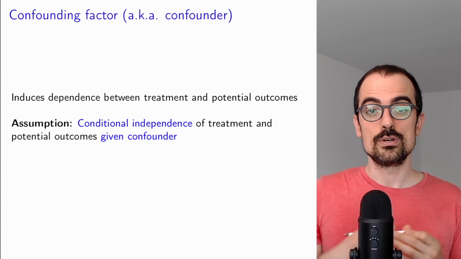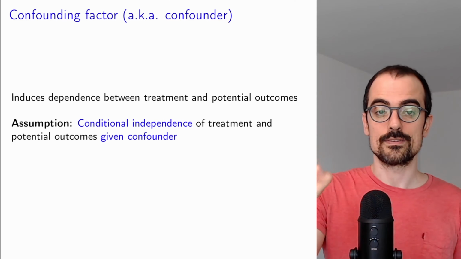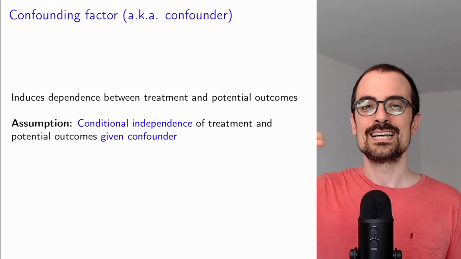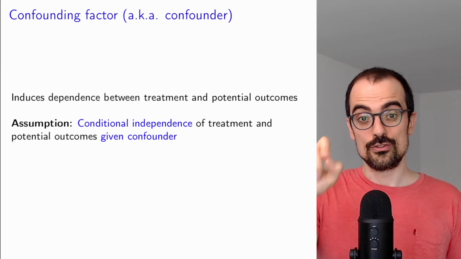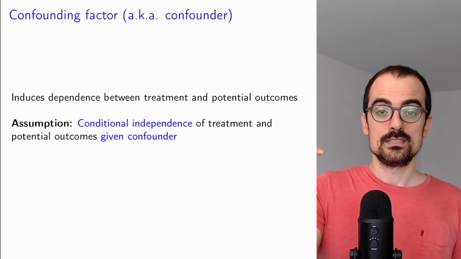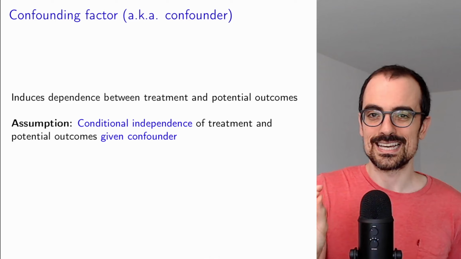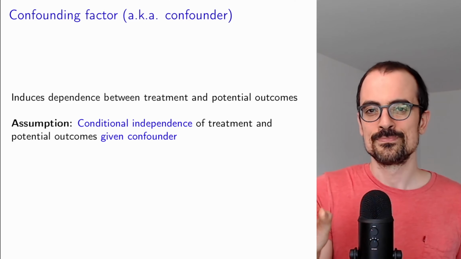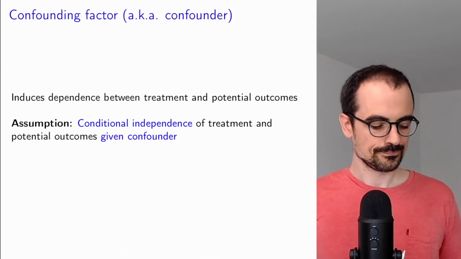So in that case, if we fix the value of the confounder, we only consider data points for which the confounder has a fixed value, then it's as if we had a mini randomized trial for those values. Conditioned on that value of the confounder, the treatment and the potential outcomes are going to be conditionally independent, which means that in that subgroup of data, we can perform causal inference using observed statistics.